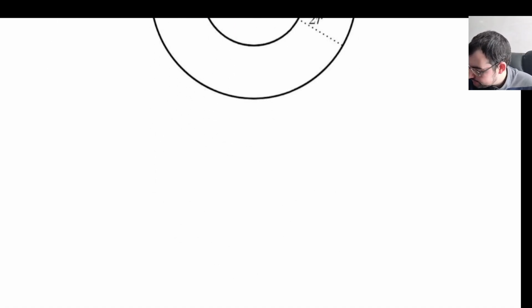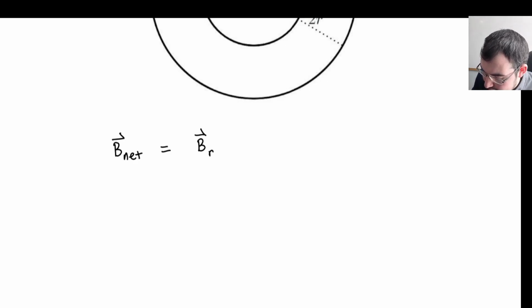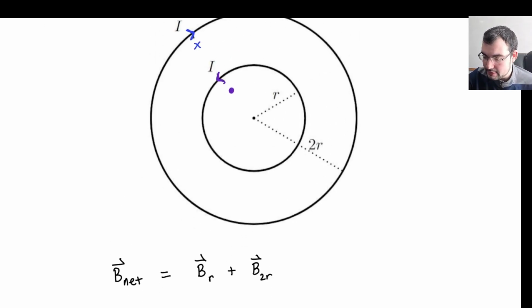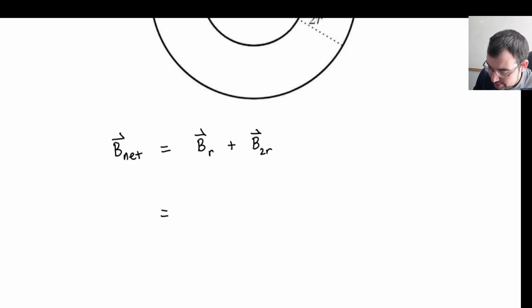All right, so as with any sort of field problem, we know that our B net is going to be B from the inner loop plus B from the outer loop as vectors. These are both full loops, so I can use the full loop expression. So mu naught I over 2r, and that points out.